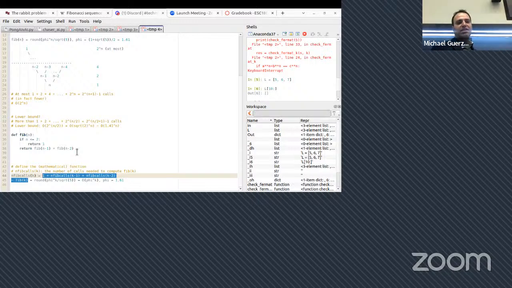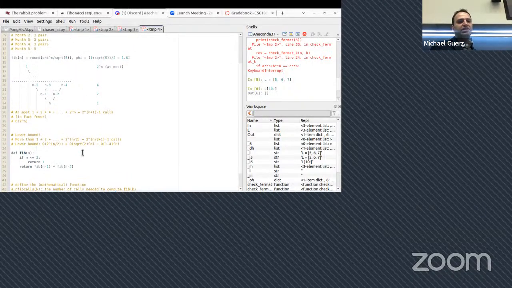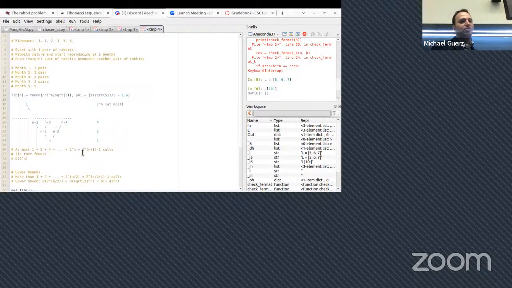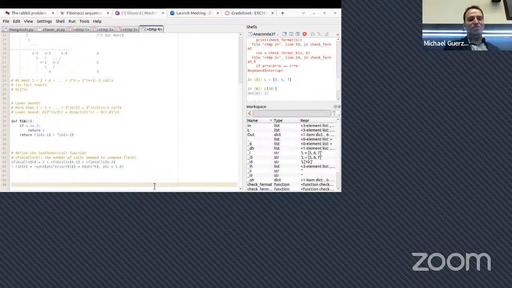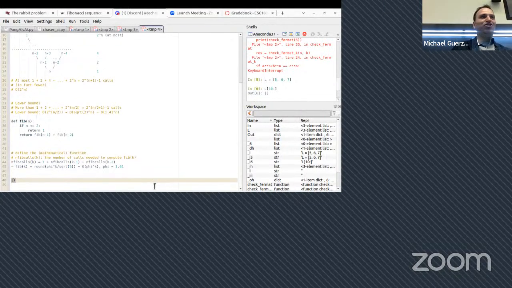One point that I'd like to make before moving on is that there is a huge difference between 2 to the n and phi to the n, right? So it looks like it's almost like a change in the constant. Well, of course, not at all, right? So if you try to compute the ratio between 2 and phi, then 2 to the n divided by phi to the n is like this.